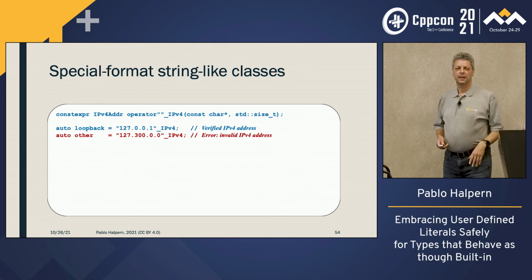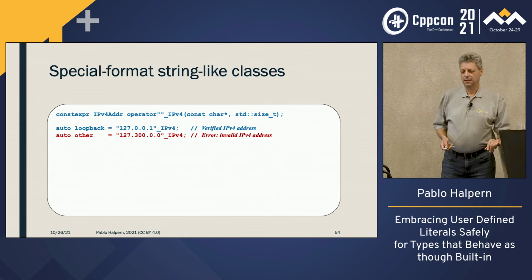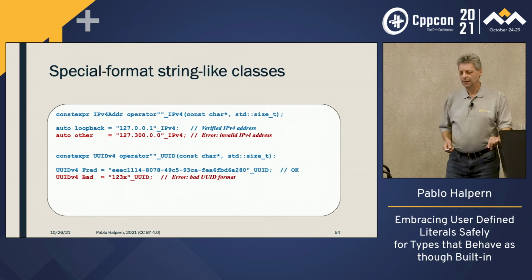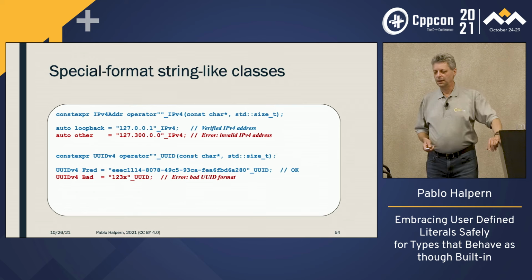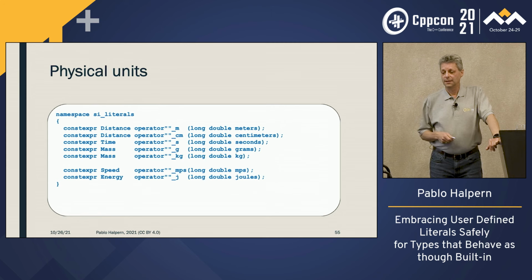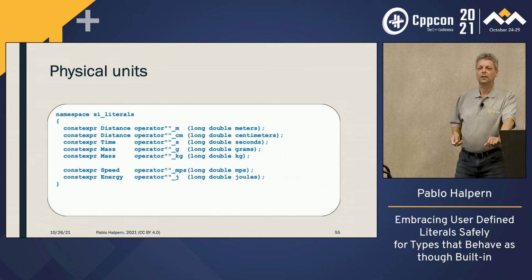Other things, special string-like classes like IP addresses, right? It can check them for validity at compile time. Same thing, like here we have our UUID. One wonderful use of these things is SI literals for meters and centimeters and so on, seconds, grams, kilograms, and so on.